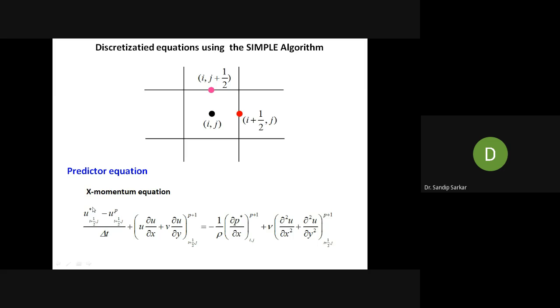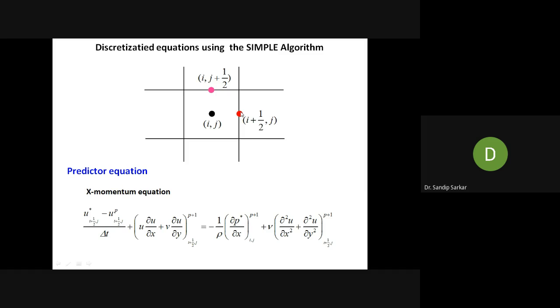Now, if we want to discretize this equation using the staggered grid approach, since it is a u momentum equation, the discretization has to be made corresponding to the u grid point, that is at the i plus half, j grid point. So I have written u star i plus half j minus u p i plus half j by delta t plus u del u del x plus v del u del y, which is at p plus 1 level, the current time step level, at i plus half j grid point.